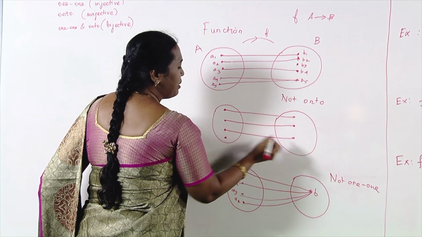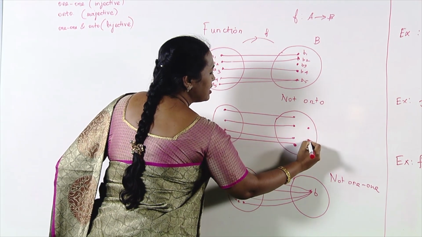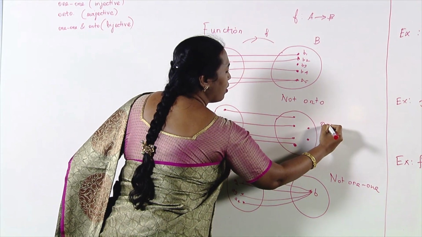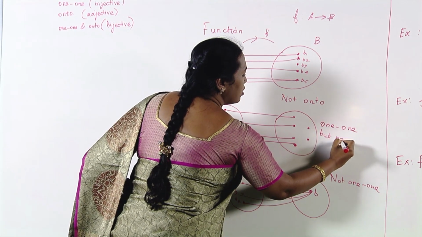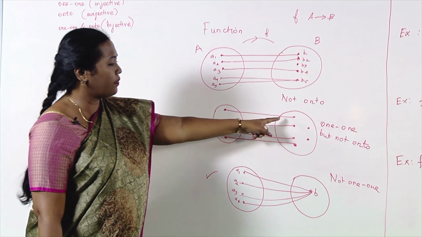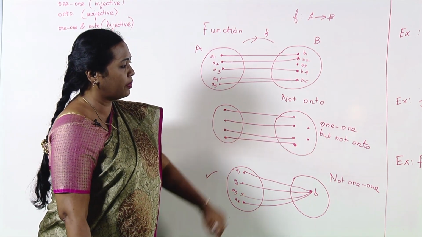So, this element, yes, this should have an image. There could be other elements without any pre-images, but this is an example of 1-1, but not onto. So, as you can see, all of them have unique images. So, this is an example of 1-1.